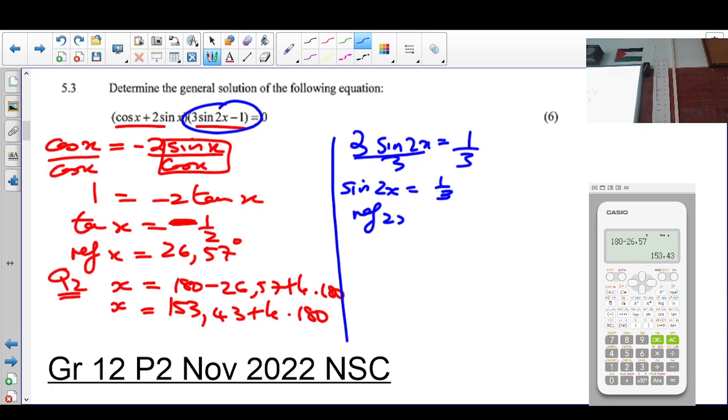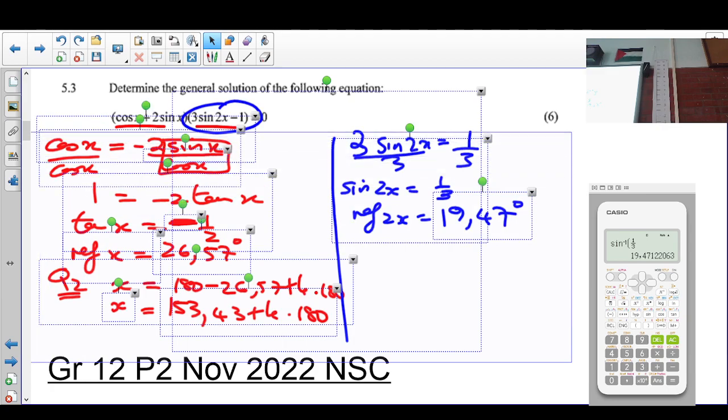So I work out my reference angle. Again, you do not divide this reference angle by 2 until you've taken it to the quadrants. So arc sine of a third gives us 19,47. So it's 19,47 degrees. So which question comes to mind? Which quadrant is?